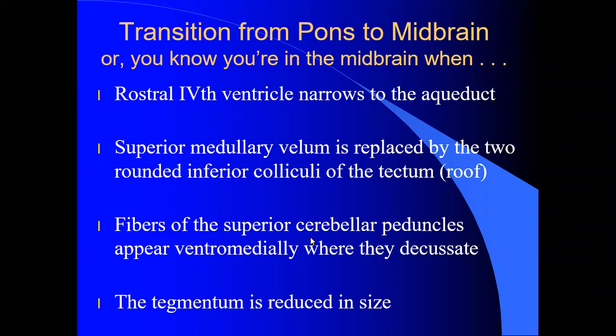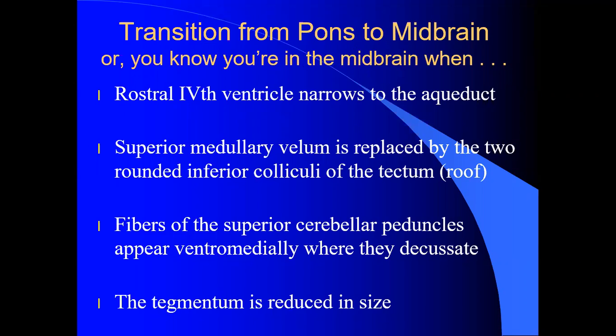So on we go. The transition from the pons to the midbrain. We left pons at the end of the last talk. And so you'll know that you're in the midbrain when the fourth ventricle becomes the aqueduct instead. That's the easiest way to know it. If you see the aqueduct of Sylvius, clearly you're in the midbrain.